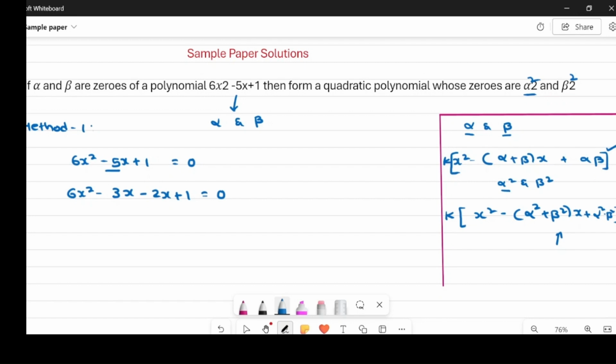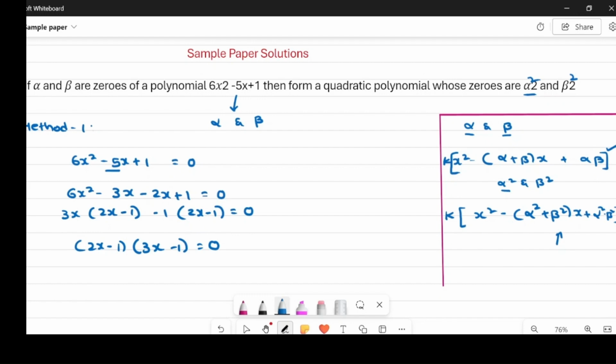So we can take 3x common from the first two terms. 3x common, so we will be left with 2x minus 1. Then minus 1 common, 2x minus 1 is equal to 0. Again 2x minus 1 is common from both. So 2x minus 1, we are left with 3x here and minus 1 here, is equal to 0.